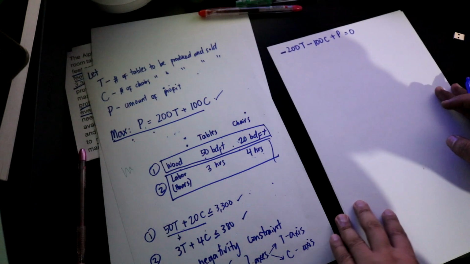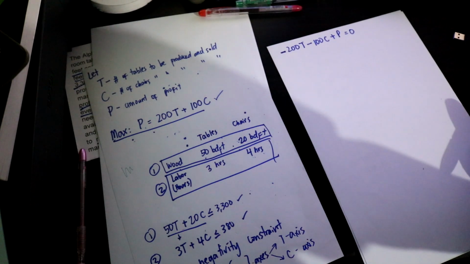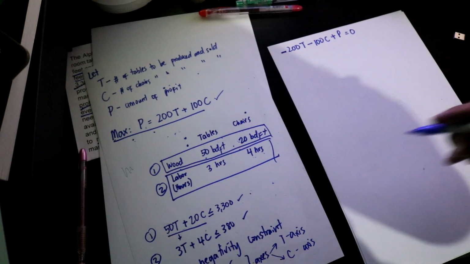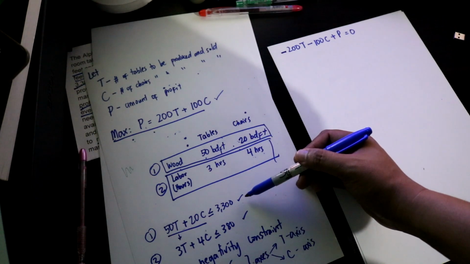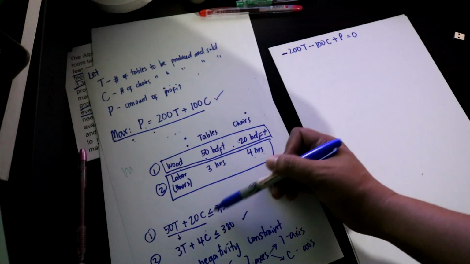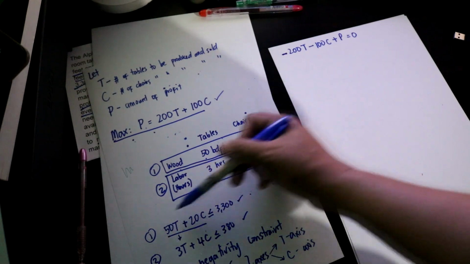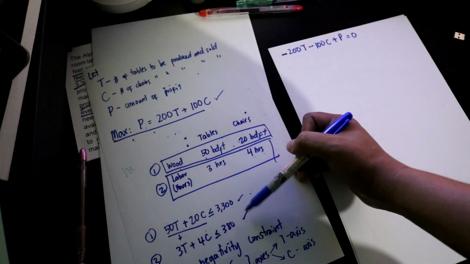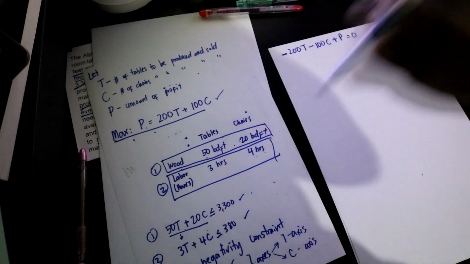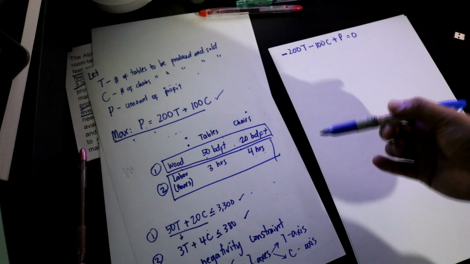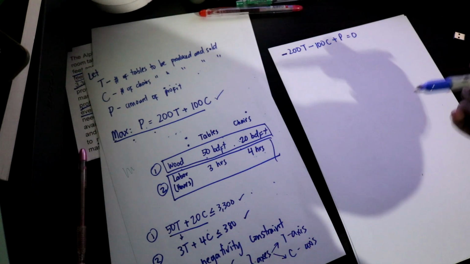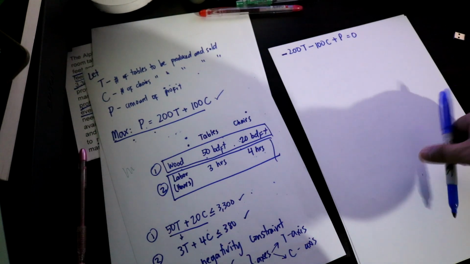And then after that, we introduce slack variables. We are going to convert these constraints, these inequalities, into equations. And in doing so, we are going to introduce slack variables.